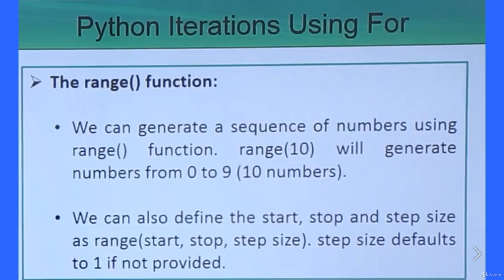We can also define the start, stop and step size in range: start comma, stop comma, step size. The step size defaults to 1 if it is not provided. Let us suppose we write range 1 comma 10 comma 1. That means it will have the values ranging from 1 to 9 with an increment of 1.